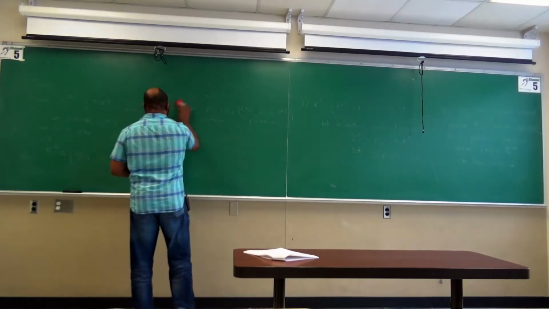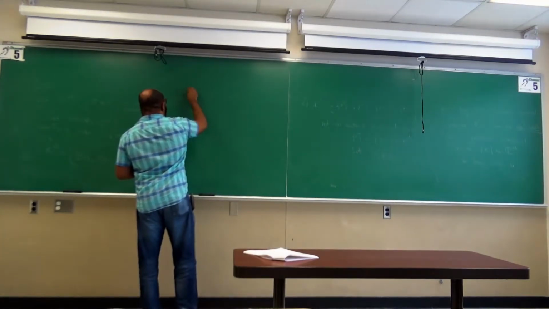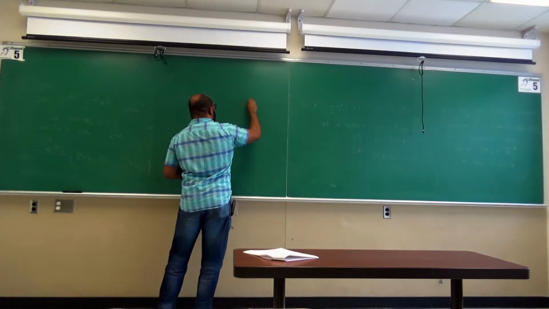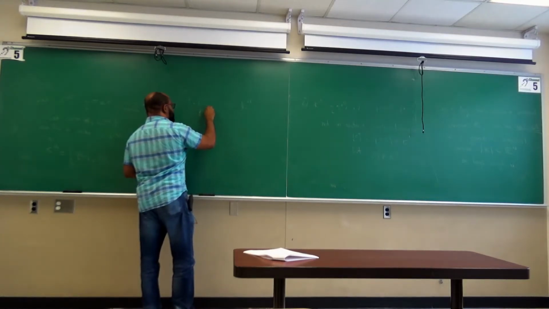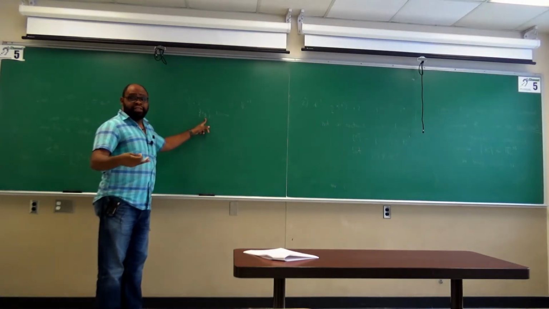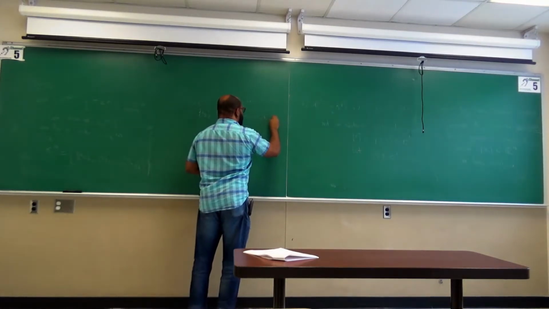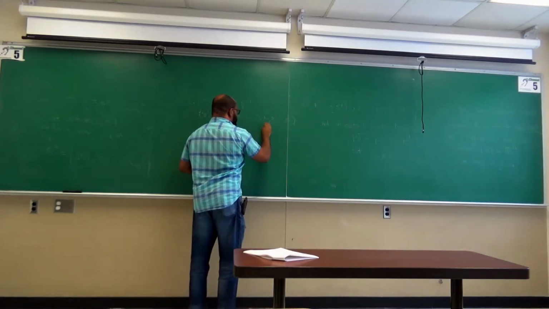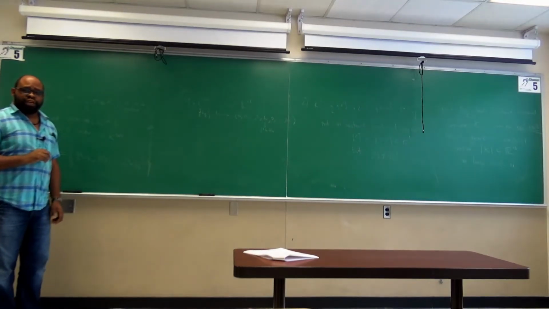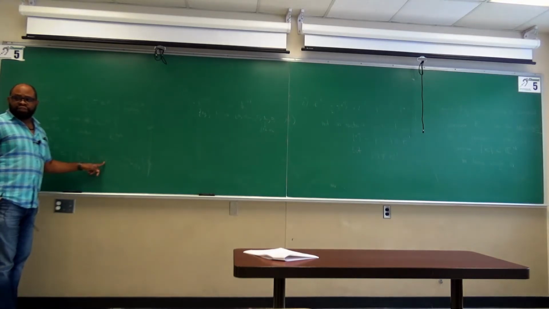I'm going to let phi from K0 to Rn send Aj to the (j plus 1)th basis element, with the 1 in the (j plus 1)th position. So for example, A0 goes to 1, 0, 0, 0. A1 goes to 0, 1, 0, 0, and so on.